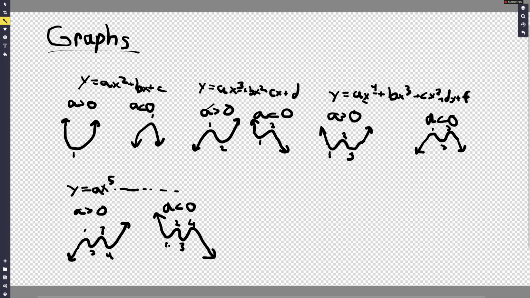And for polynomials with odd degrees, it's going to be kind of the opposite. For when a is positive, as x approaches negative infinity, y approaches negative infinity, and as x approaches positive infinity, y approaches positive infinity, and it's the opposite for when a is negative.